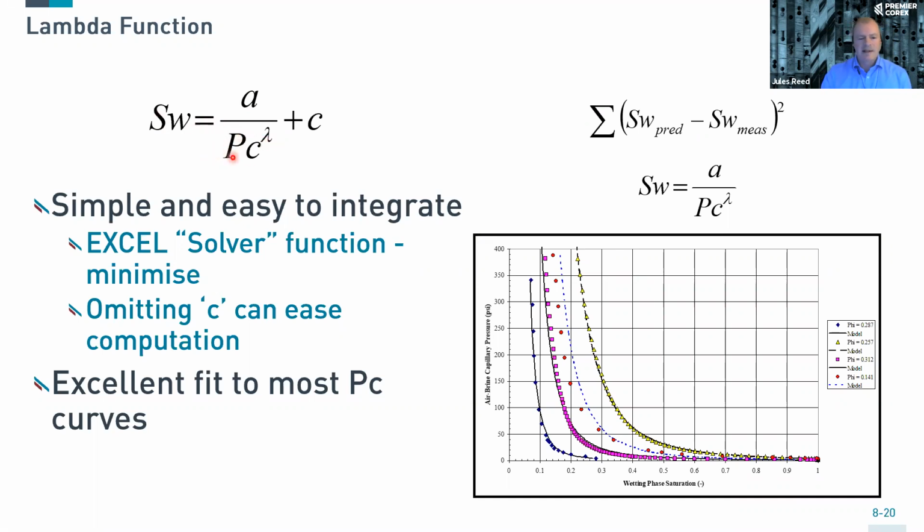Brooks-Corey says PC is equal to some factor times saturation to a negative power. What lambda says is we're actually looking for saturation based on capillary pressure. So saturation is some factor divided by capillary pressure to some power, or this can be rearranged: saturation is a factor times capillary pressure to a negative power.